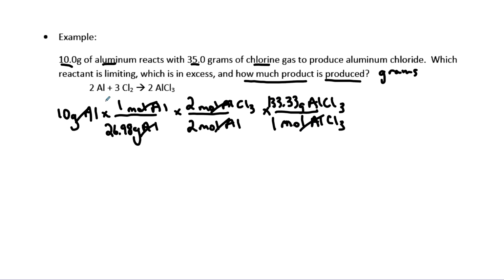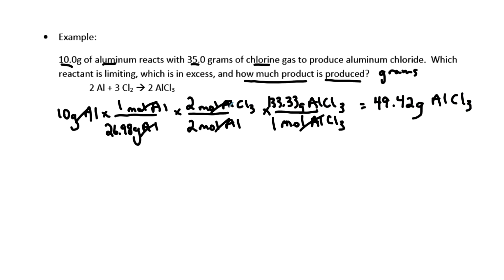Okay, so I'm going to go 10 divided by 26.98. This step's not going to do anything. And then multiply by 133.33. So when I do that, I get 49.42 grams of aluminum chloride.